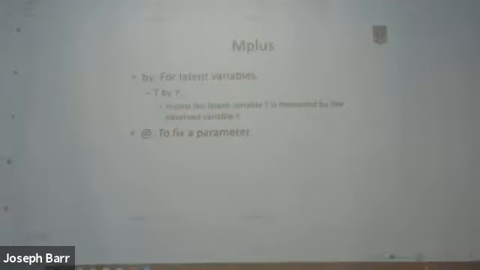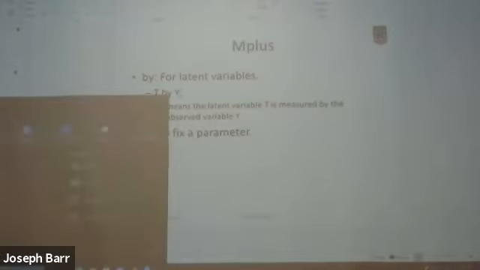So let's go to Mplus. The code is in the folder, so after you download the code, open the file. Error Mplus data.imp. This is the first one, and you can also have the second one.